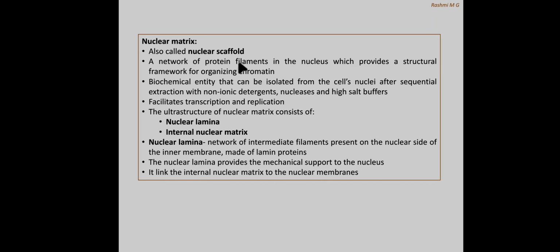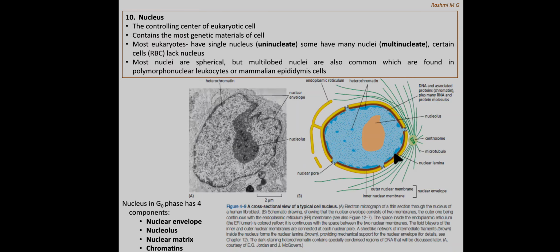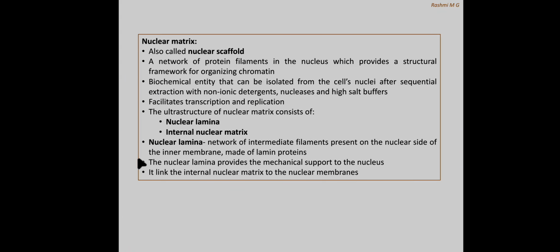Nuclear matrix is another important component of the nucleus, which is also called the nuclear scaffold. It is the network of protein filaments in the nucleus which provides a structural framework for organizing chromatin. Where exactly is this nuclear matrix found? Here you can see the nuclear matrix. So it facilitates transcription and replication.